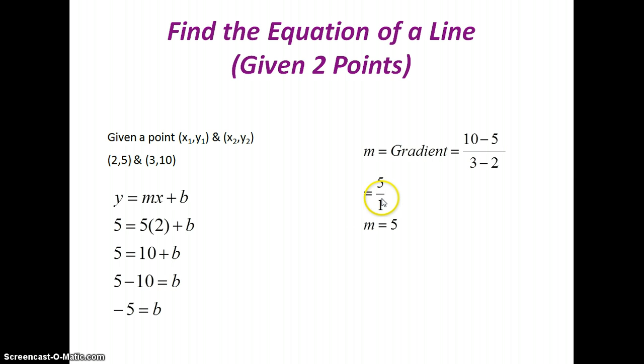So 5 divided by 1 is 5. So your gradient is 5. Now, having the form y = mx + b, we know the gradient, so we can substitute the values of x and y. Remember that you can use any of these 2 points.